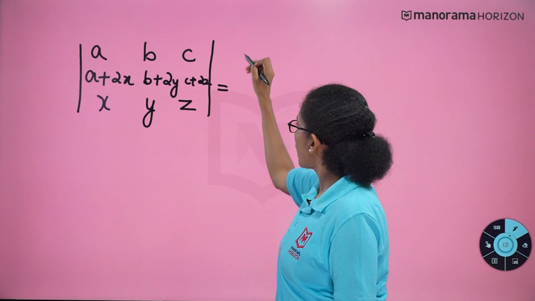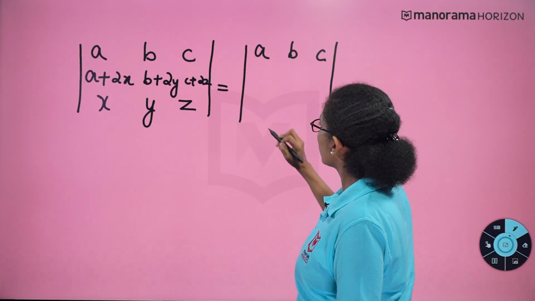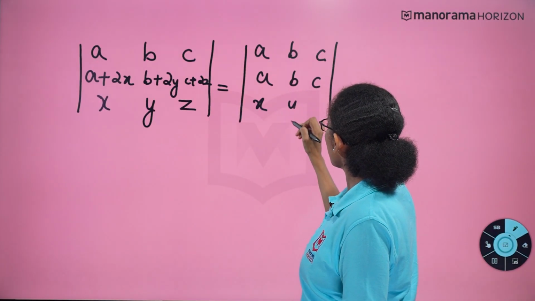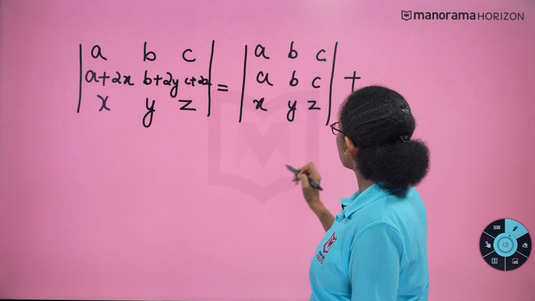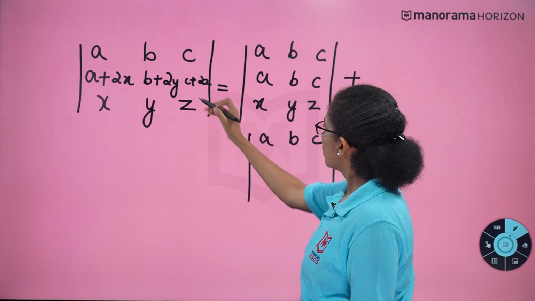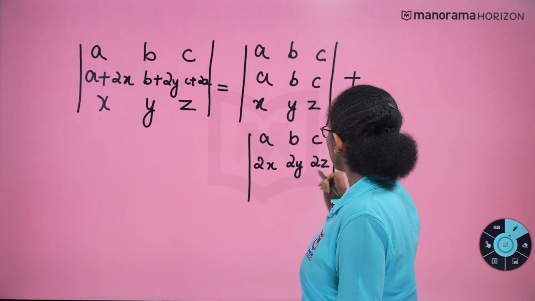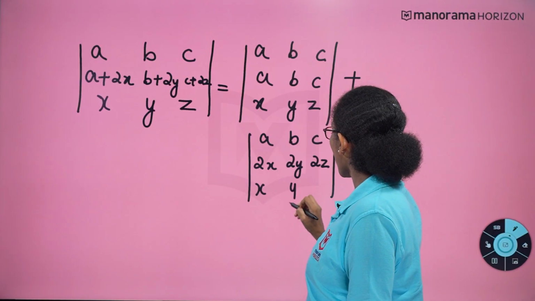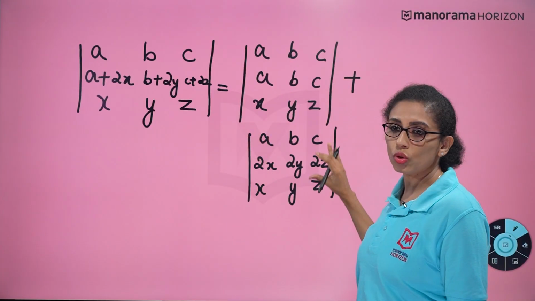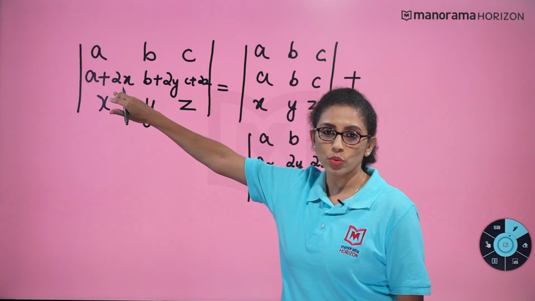This can be written as determinant A, B, C, A, B, C, x, y, z plus determinant A, B, C, 2x, 2y, 2z, and the third row x, y, z. So, this can be expressed as sum of two or more terms. Here A plus 2x is the same as A plus 2x here.